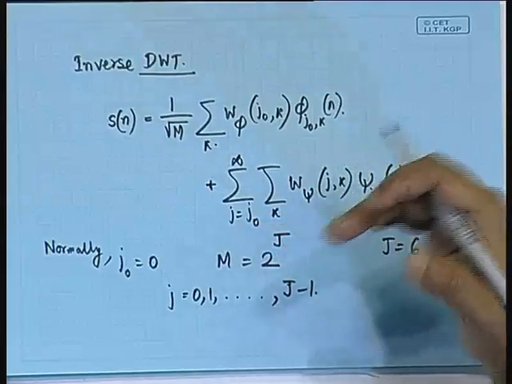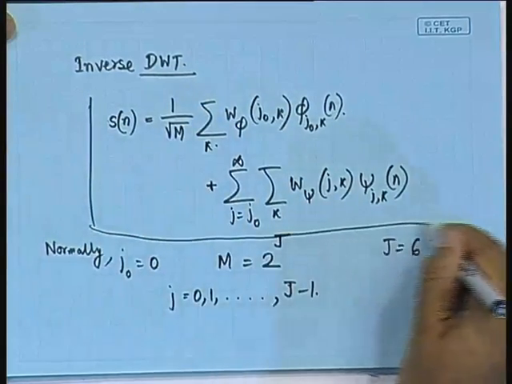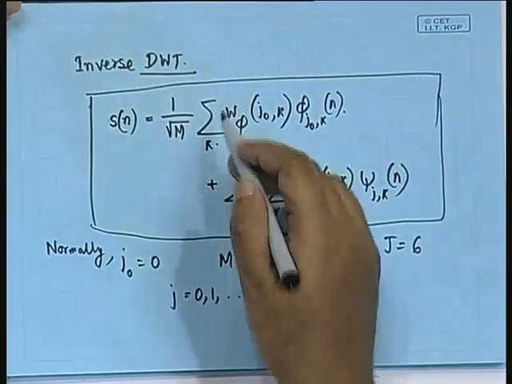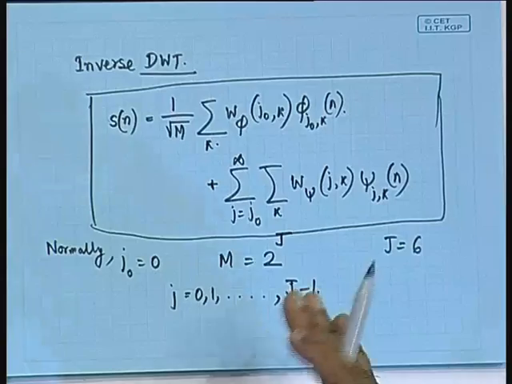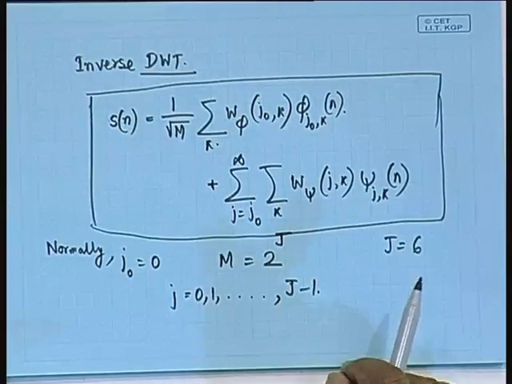So, although in the general expression the summation goes up to infinity, in the practical cases this is not going up to infinity, this will be only up to the extent that you require.